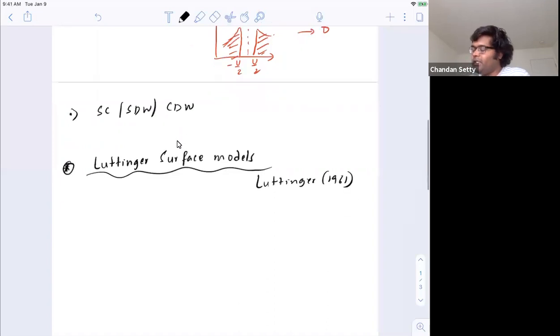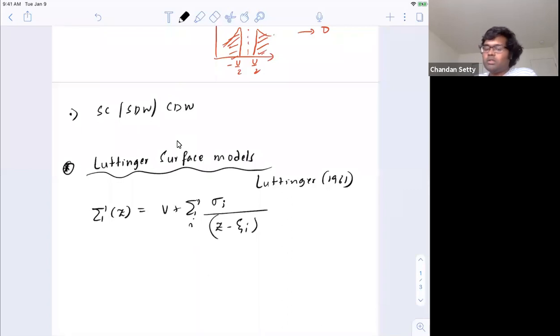What he studied was a spectral representation of the self-energy. Essentially, he had some sigma of z, which is some constant with some spectral residues, sigma_i, and it's really a summation of certain simple poles.